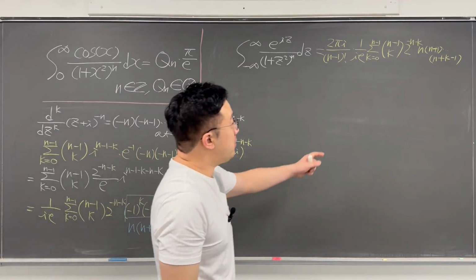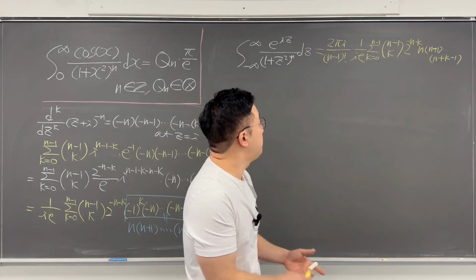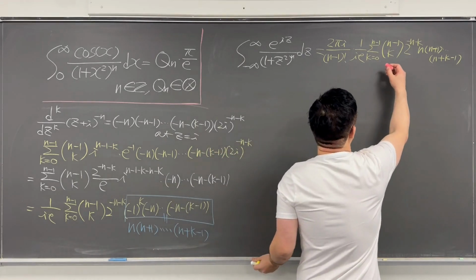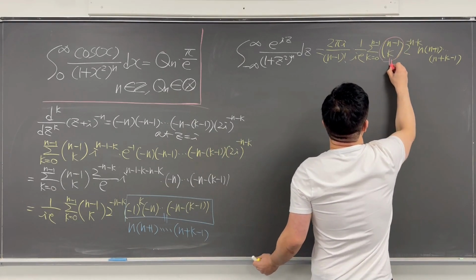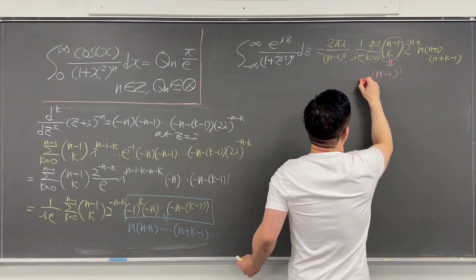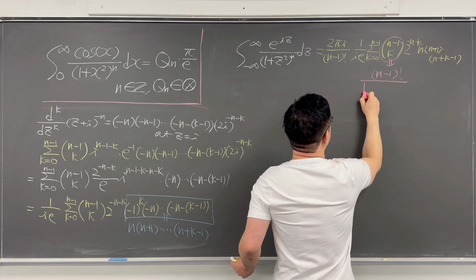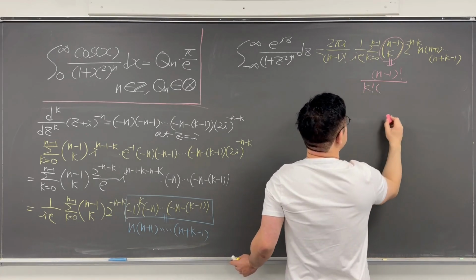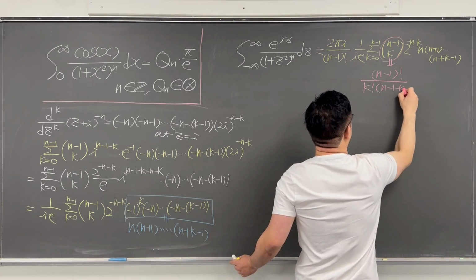And then we already know the formula for this, right? The combination formula. So this part is the same as n minus 1 factorial divided by k factorial times n minus 1 minus k factorial.